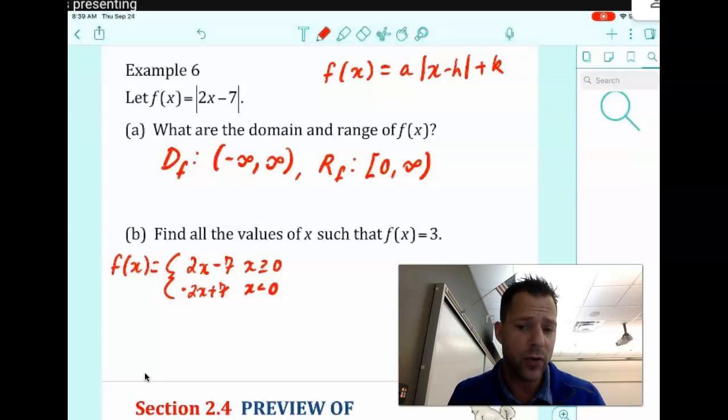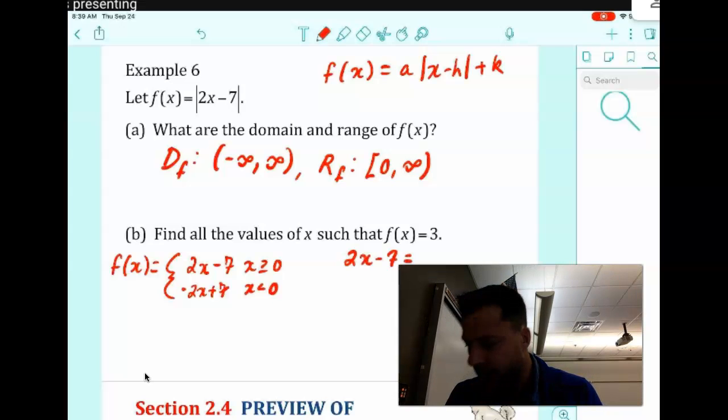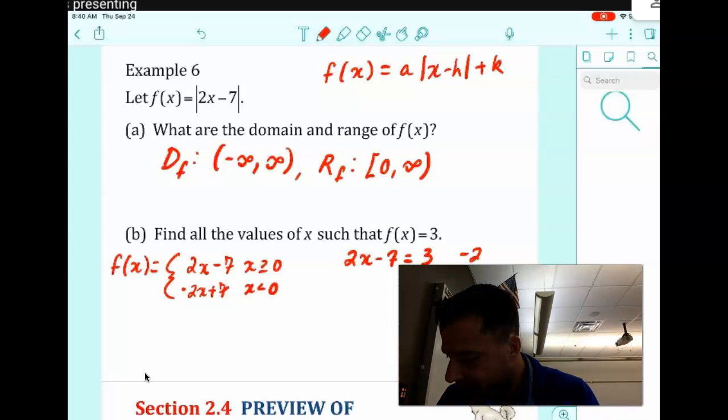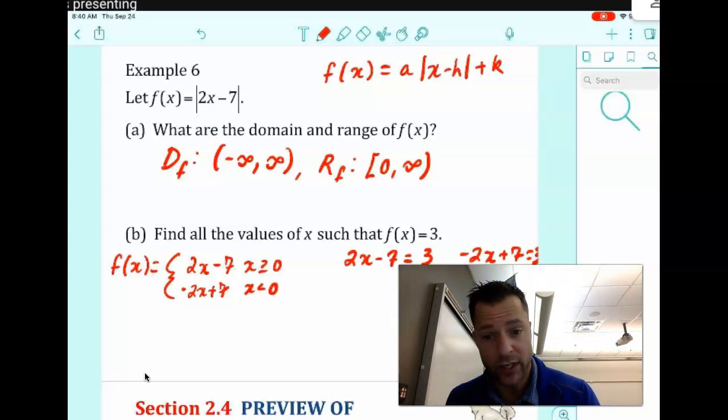So those are the two equations we're going to solve. We're going to solve, hey, when does 2x minus 7 equal 3? Then you're also going to solve, hey, when does negative 2x plus 7 equal 3? And we're going to solve those two linear equations.